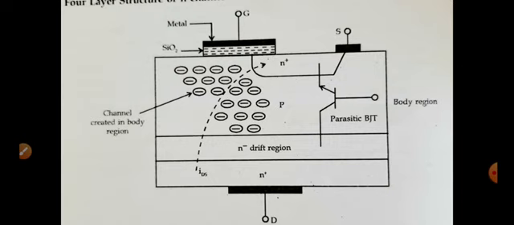What happens when you use this structure? We can choose either a depletion type or an enhancement type MOSFET. There are two types of MOSFET actually, and here we are using the enhancement type. Why? Because with the supply given to the gate and source terminals, this type of MOSFET helps us turn on the MOSFET.